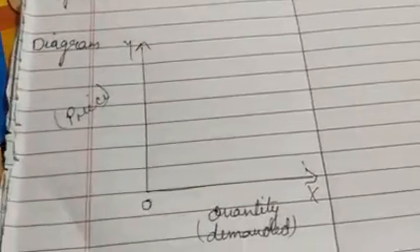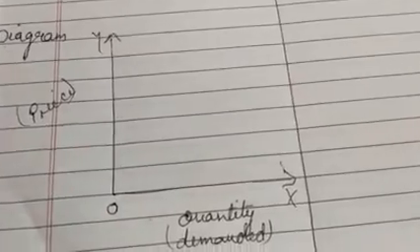Okay, this is the format of the diagram for the movement along the same demand curve. Now we have to draw both extension of demand and contraction of demand in the same demand curve.